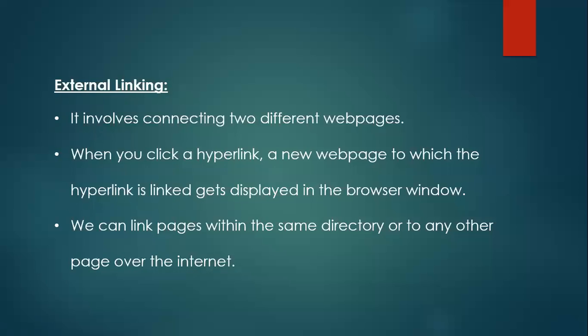Then the pages to which you are creating the links can be in the same directory where your web page is present, or you can link to a page which is present over the internet. That is why it is known as external linking, because other pages are linked to the text which is present in an HTML document. Clear, students?